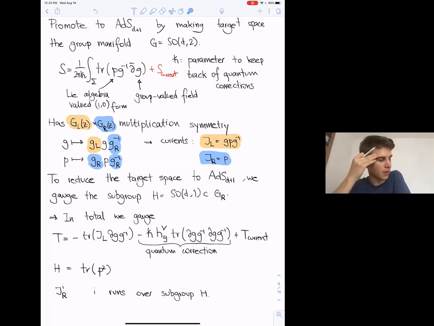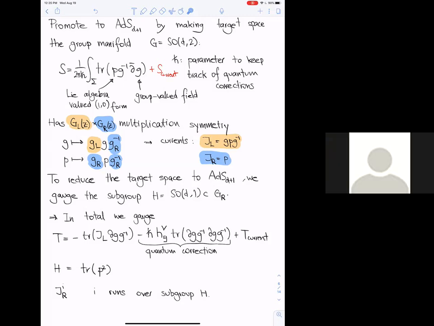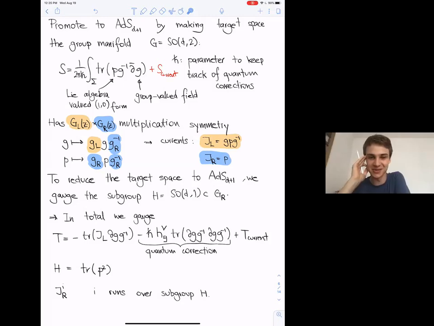Yes, I think I mean, it would be for sure very similar. I'm not sure whether it's exactly the same, but there will be an anomaly, you will see. So okay, I would say yes, but I'm not familiar enough with the curved beta gamma system.